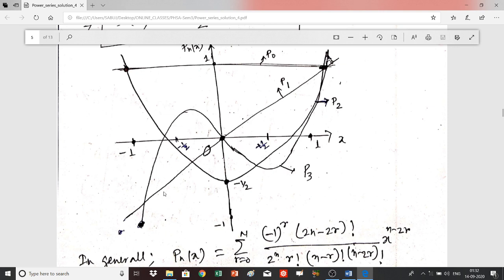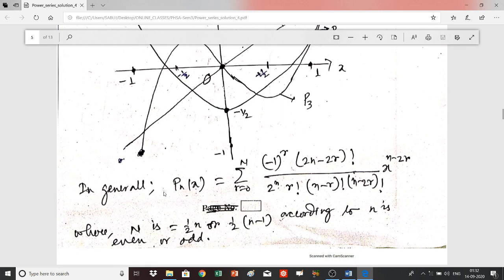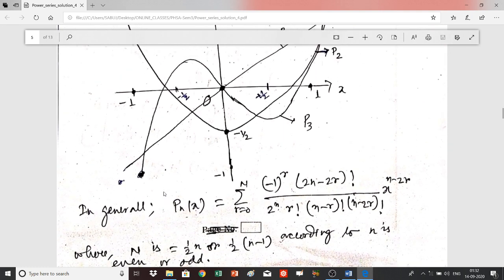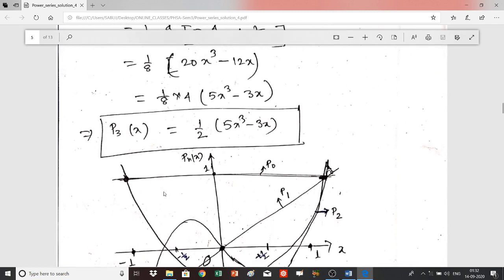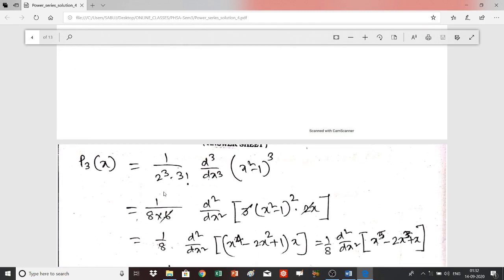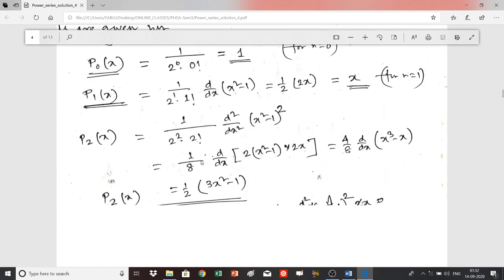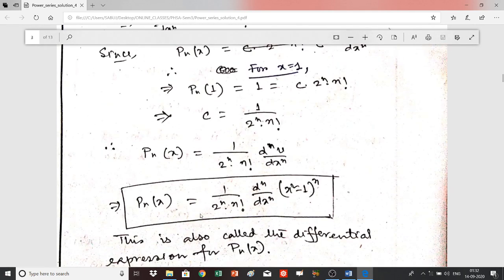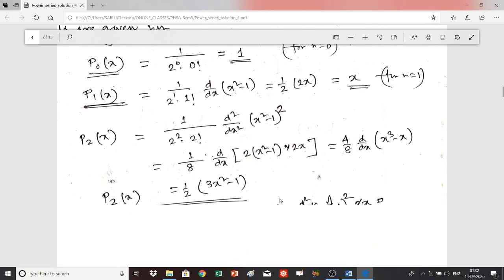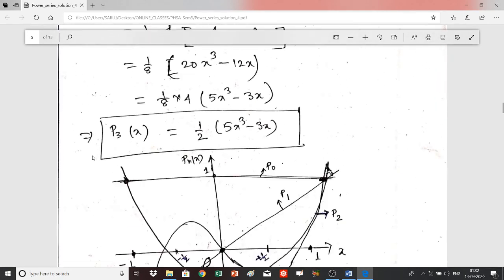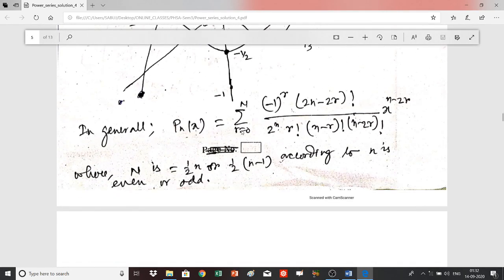This is for P3. So the general term of Pn(x), that is the Legendre polynomial, according to Rodrigue's formula, which is written here, is Pn(x) equal to this. As you calculated different Legendre polynomials using Rodrigue's formula, the general term Pn(x) can be written as the sum over r from 0 to n of (minus 1) to the power r, (2n minus 2r) factorial, divided by 2 to the power n, r factorial, (n minus r) factorial, (n minus 2r) factorial, times x to the power (n minus 2r).